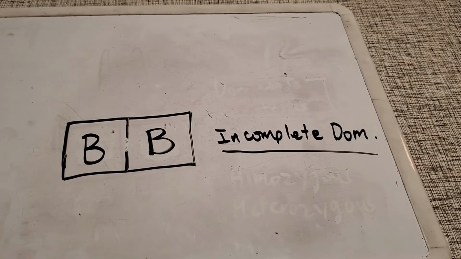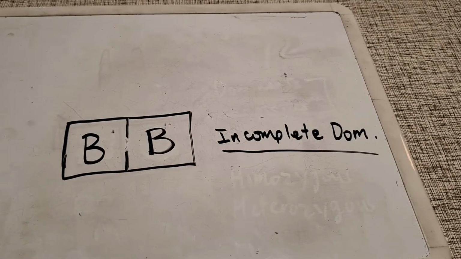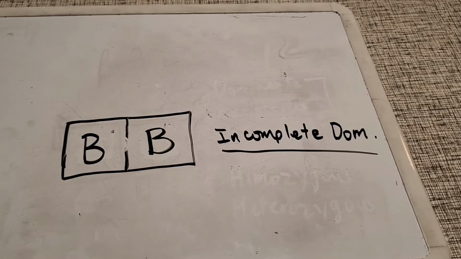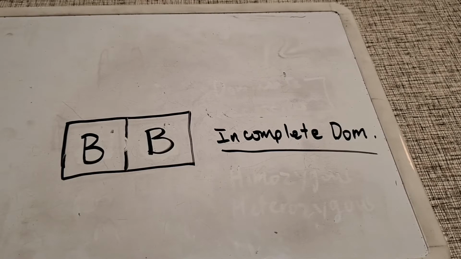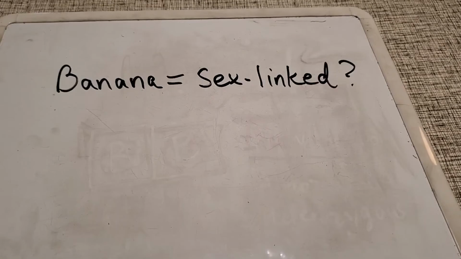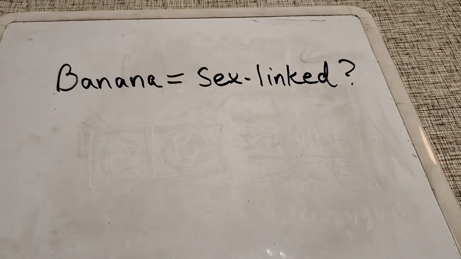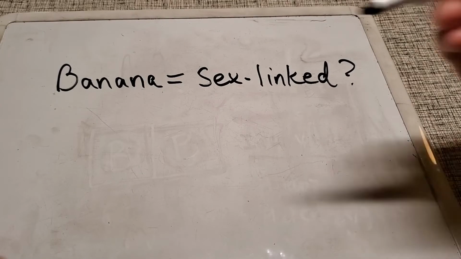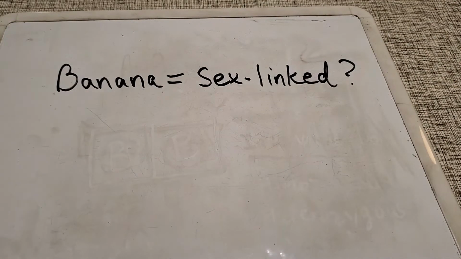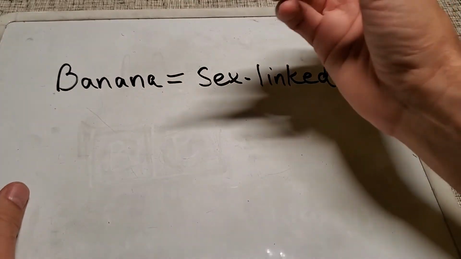So you have to get that terminology down to understand what we're going to go into next. So what we're going to go into next is that the banana gene, or the banana trait, is a sex-linked trait.